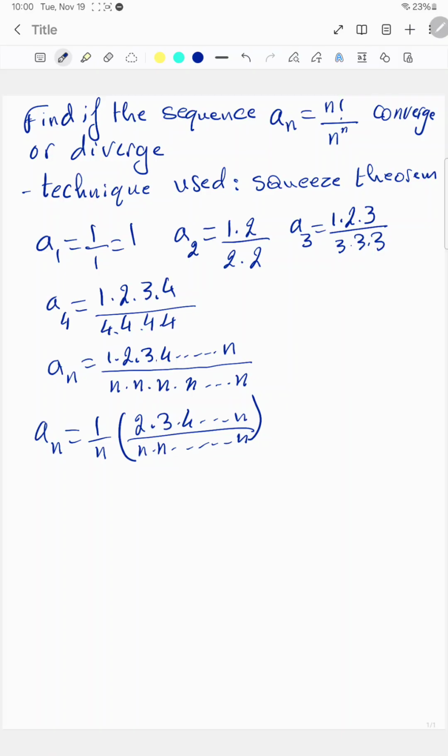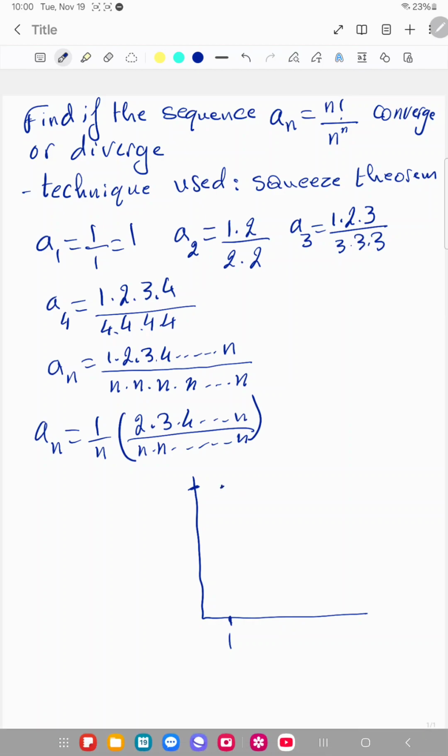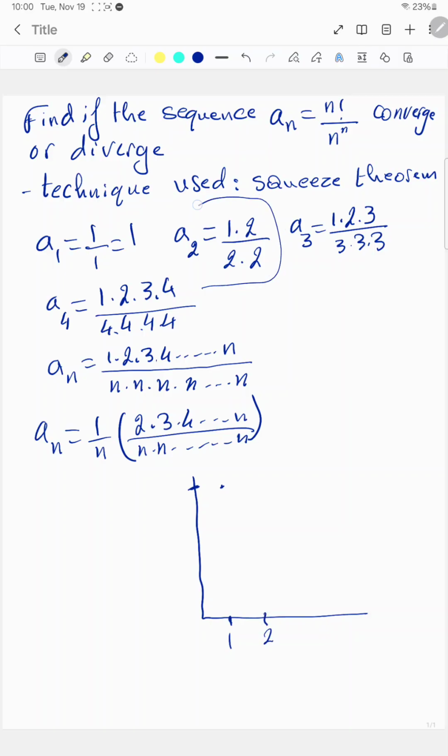So if I want to draw my sequence, for n equal to 1, my sequence starts at 1. a_n is equal to 1, so that's my first point. When n equal to 2, I would have 1/2, so let's say 1/2 is here.